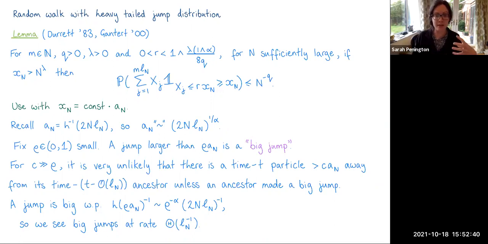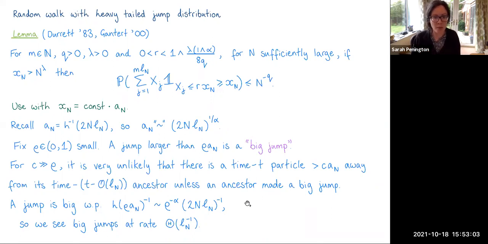And so we can say that it's very unlikely that this happens at all in our Nparticle branching random walk. And so the only way that a particle, or a sequence of descendant particles, can move more than a distance, a small constant times an, is by making at least one big jump.